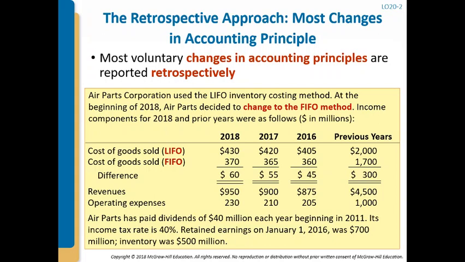That's going to cause the cost of goods sold to be lower under the FIFO method, which means that your income is going to be higher under FIFO than LIFO.